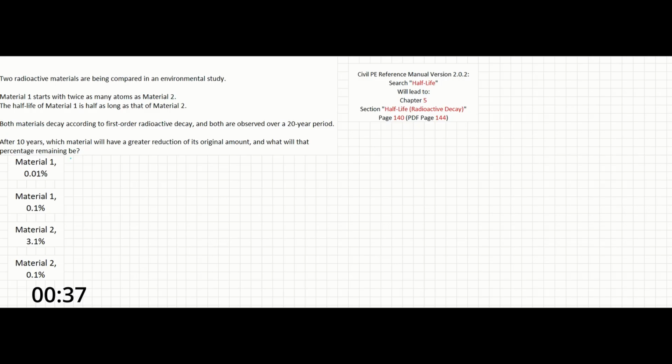So in this problem, the first words that we can pull out might be half-life. Searching for this in the Environmental Reference Manual, version 1.6, will lead you to Chapter 5 in a section called Half-Life Radioactive Decay.